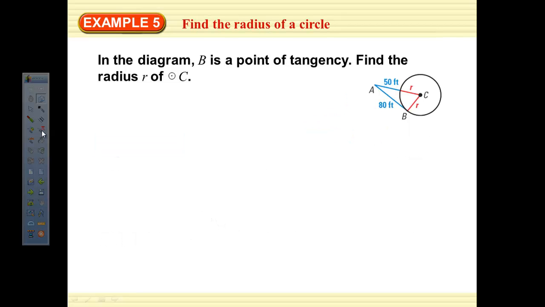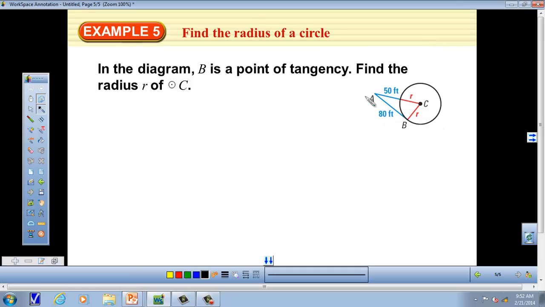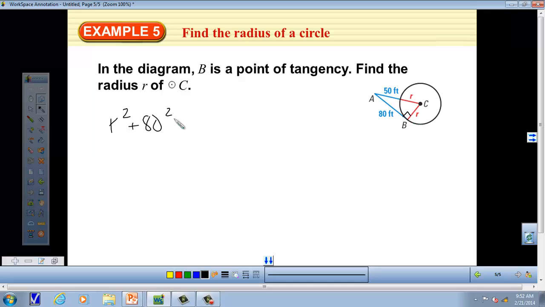For the second one, we know this is a tangent, so what we want to do is find out what the radius is. Well, again, using a squared plus b squared equals c squared, we know the radius is r, so we say r squared. The other leg, because this is a right angle, is 80, so we'd say 80 squared, and the hypotenuse is actually 50 plus r.